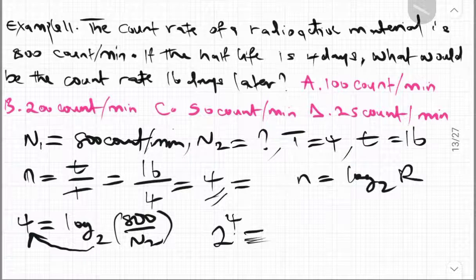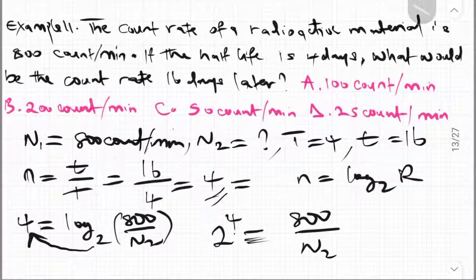Not the logarithm of both sides, but 2 raised to the power of both sides. So this cancels out, and we have 800 over n2 equal to 2 raised to power 4.